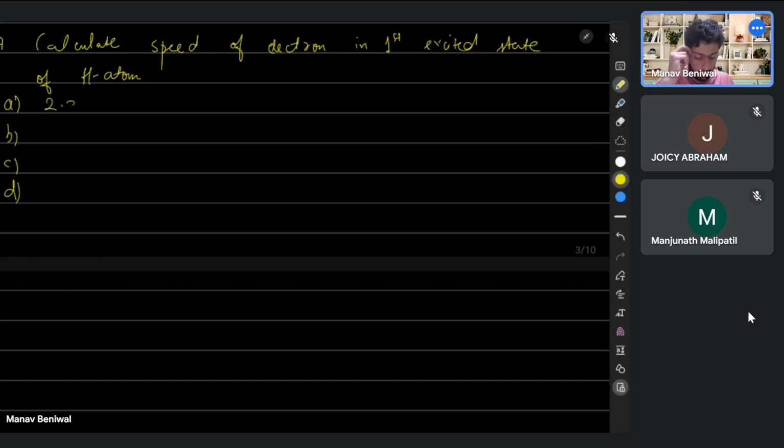Your options are 2.2 times 10 to the power 5, 3.7 times 10 to the power 5, 10.9 times 10 to the power 5, and 5.4 times 10 to the power 5.